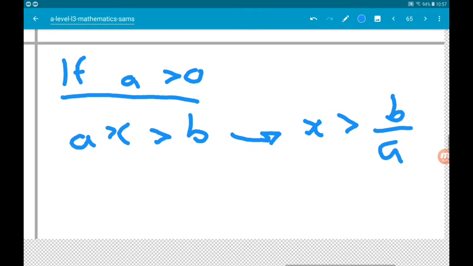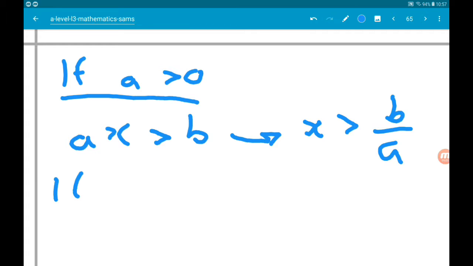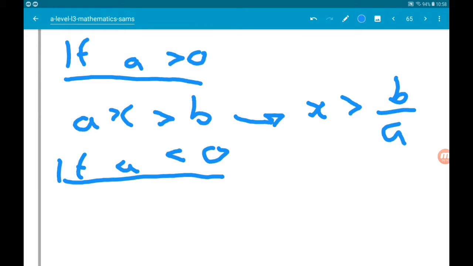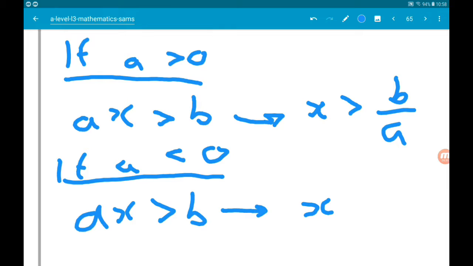If, however, a is less than 0, so negative, ax greater than b implies, when you divide through by a negative, again, the sign flips. So x would now be less than b over a.